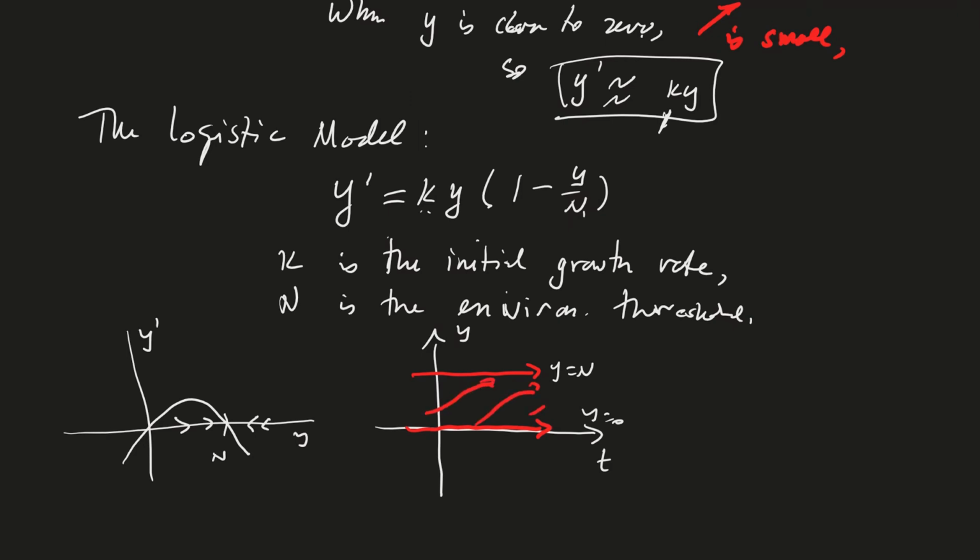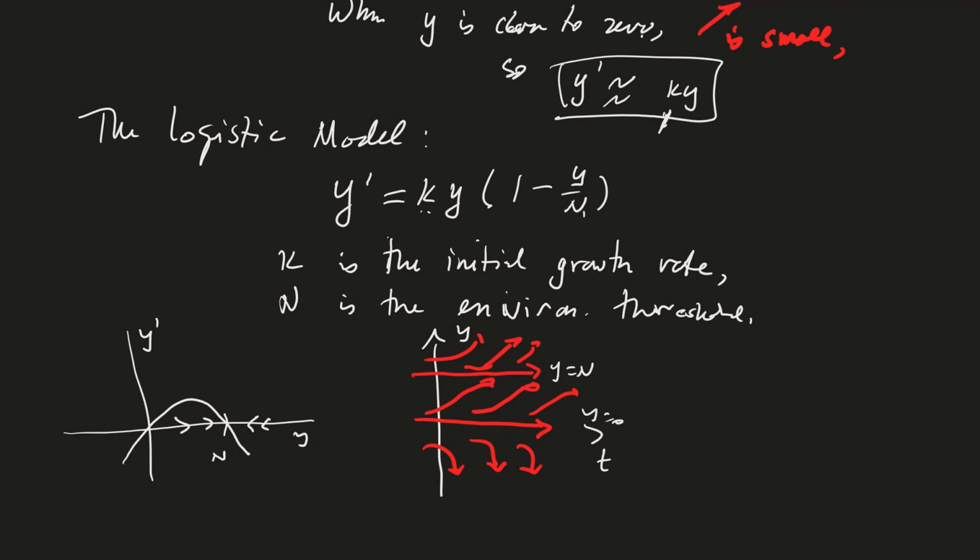They're going up this way, down this way, and up this way. Oops. By the way, my solutions cannot intersect on the graph. Why is that? Oops. If they did, that would violate the existence and uniqueness theorem. We'll talk about that in a little bit.